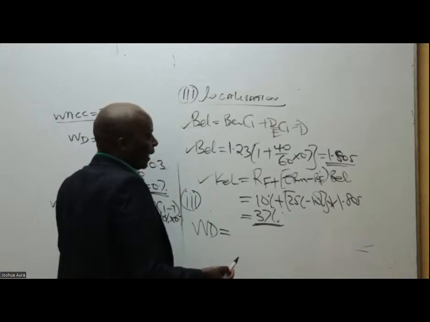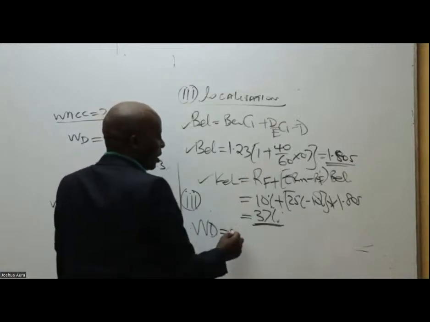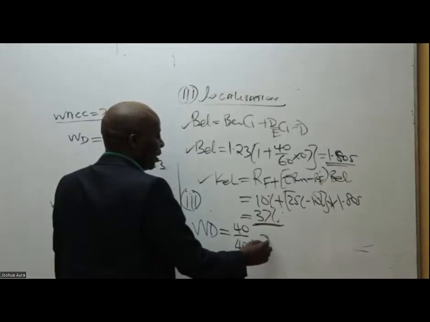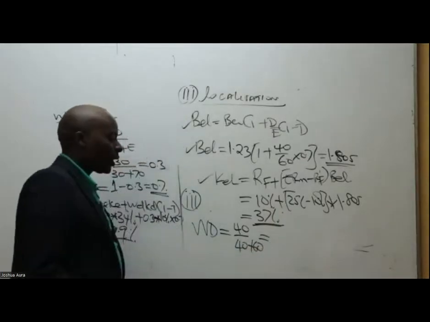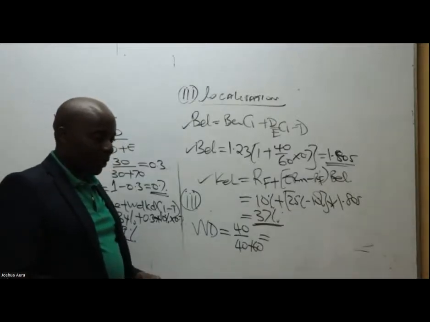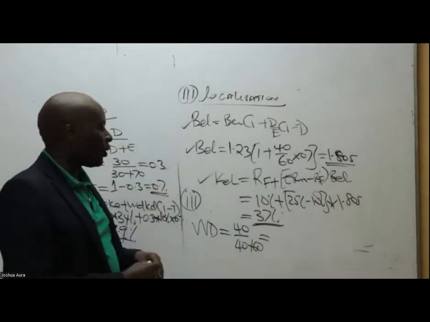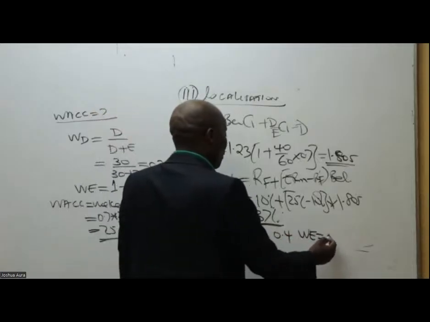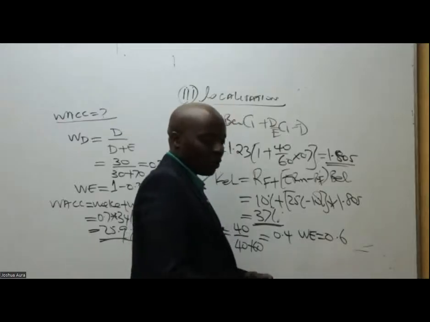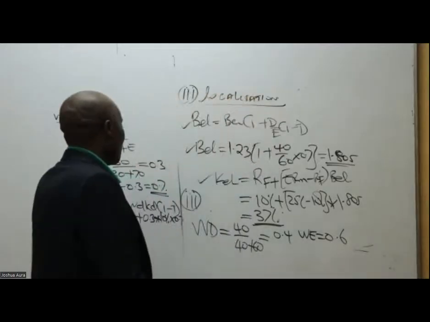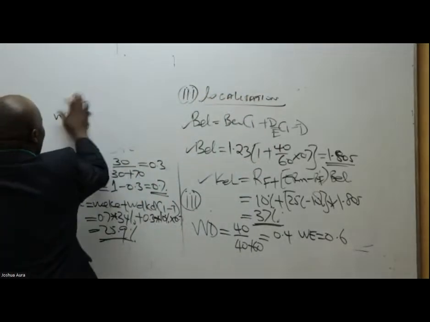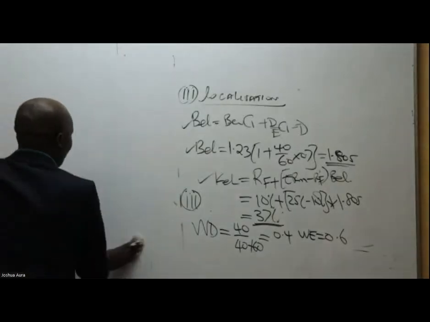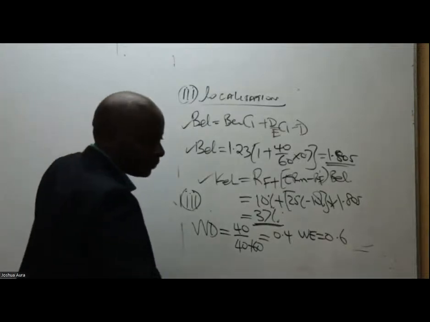So weight of debt is 40 over 40 plus 60, which is 0.4. And if debt is 0.4, then weight of equity will be 0.6.